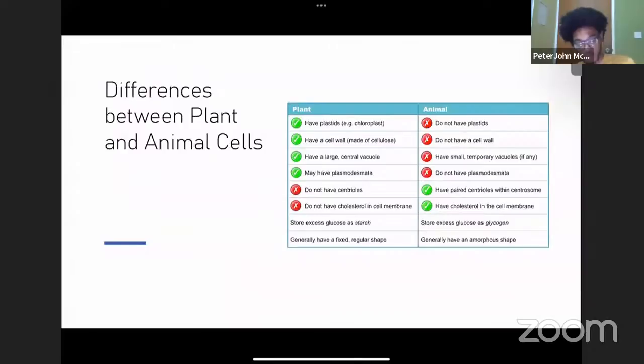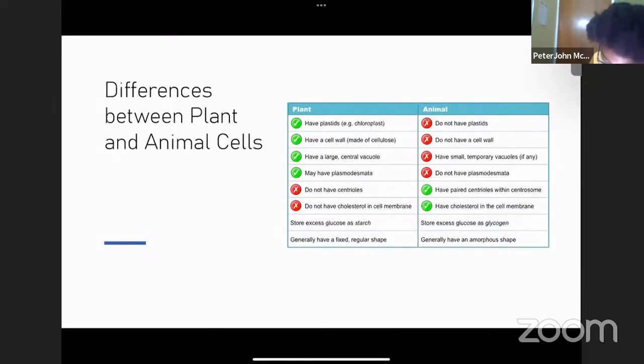All right, so let's move on quickly. So the differences, I'm not gonna ask. Plant cells have chloroplasts, animal cells do not. Plants have a cell wall made of cellulose, animal cells do not have a cell wall. Plants have a large central vacuole, remember; animals have small temporary vacuoles, and let's also put peripheral.